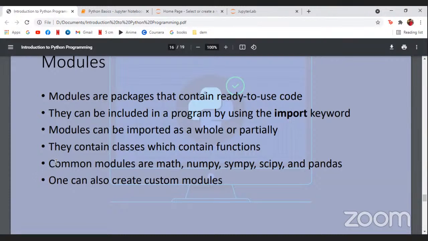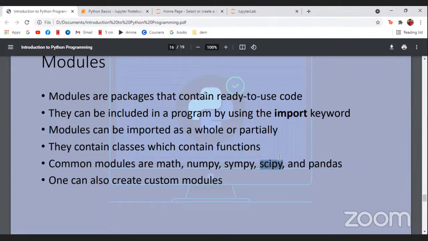Some common modules that you'll keep using once you start coding in Python are math. Math is automatically included, you don't have to import it, but it's good to know that it exists. Then you have NumPy, which is numerical Python, SymPy, which is symbolic Python, SciPy, scientific Python, and Pandas, which you'll be learning tomorrow, which is very important for data analysis.